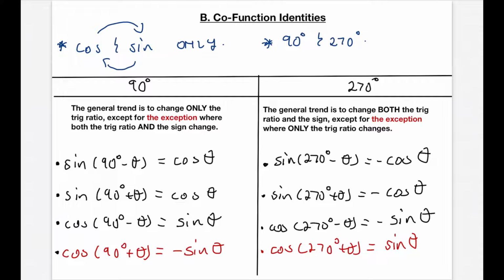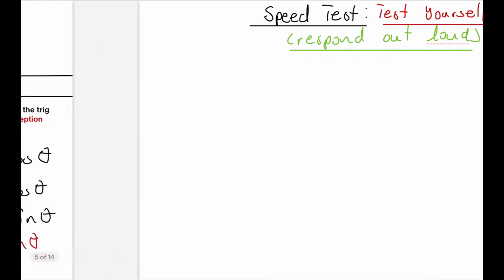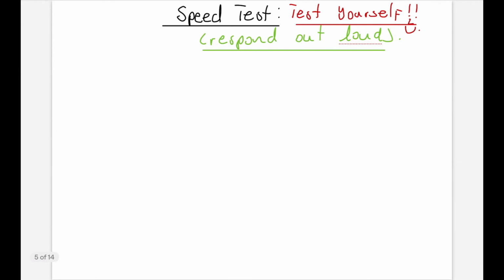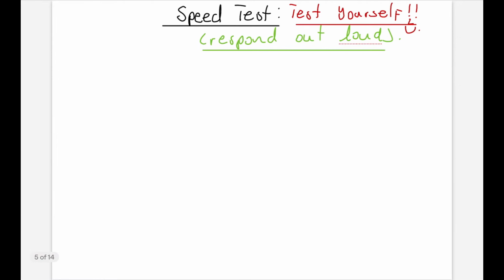Are you sure you've memorized that? If you have, I want to give you a speed test. I want you to test yourself. I'm going to ask you some questions, and without looking back here, I want you to shout to the screen what you think the answer is. If you need a minute to memorize them, pause, memorize them, and then go ahead with this.